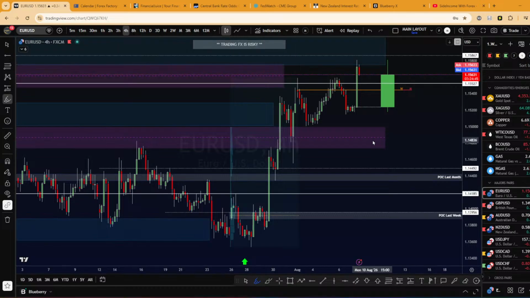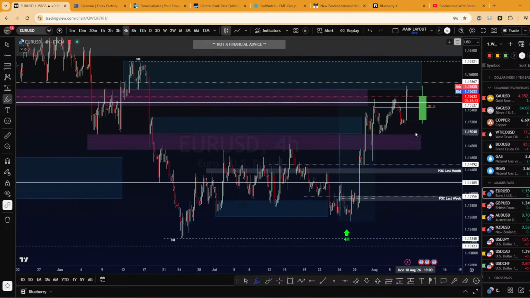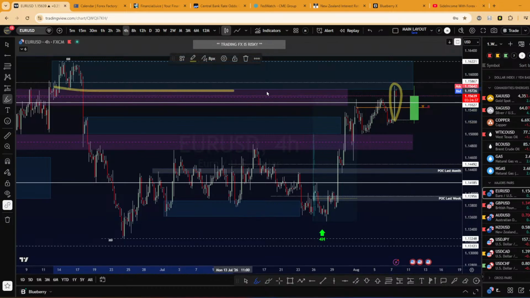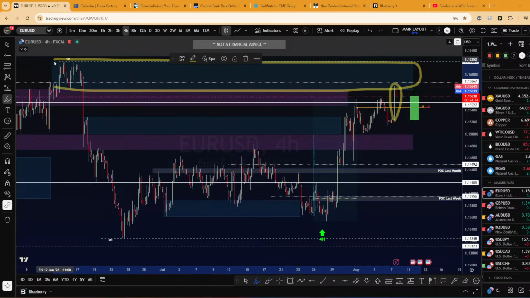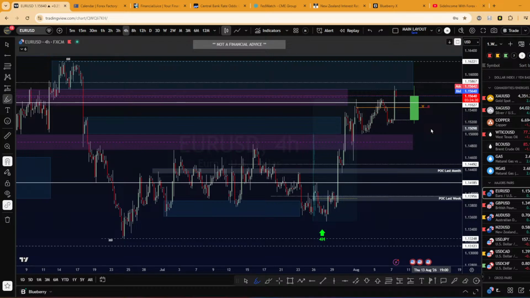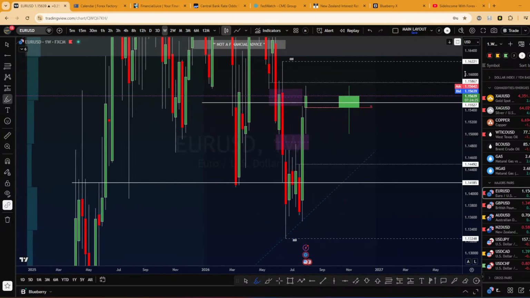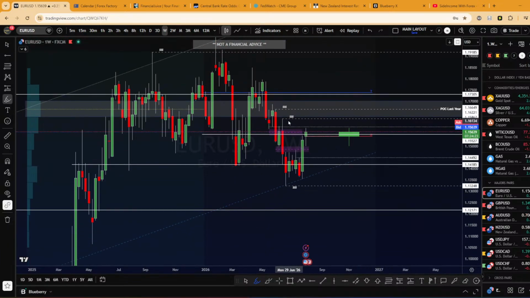Okay, euro drives even higher, you see, based on recent data. We pretty much retested this, as I mentioned. So yeah, on weekly we see room to target even higher prices.